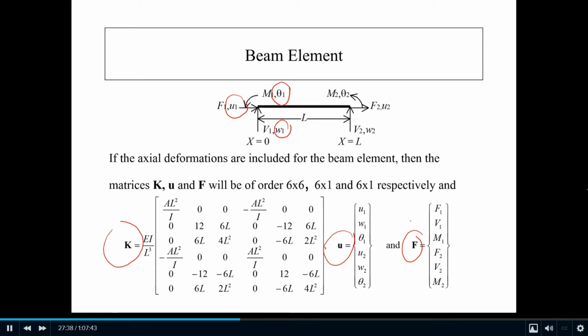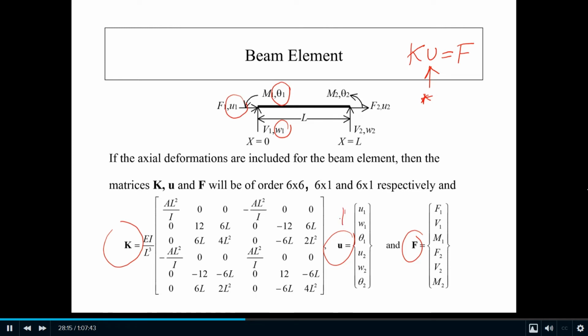Because this kind of element you can derive by using basic equilibrium. What you need to know now is that you have an equation that relates nodal displacement and nodal force like this. For the truss element, the nodal variable would be axial displacement, and for the beam element it would be rotation and deflection, unless you want to add the axial displacement also.